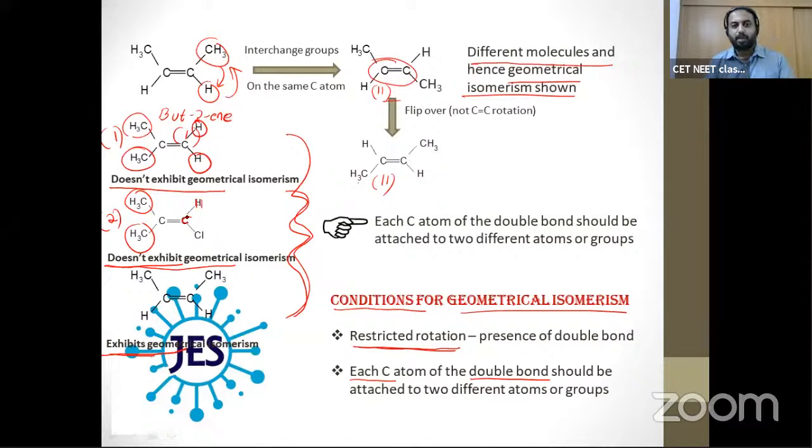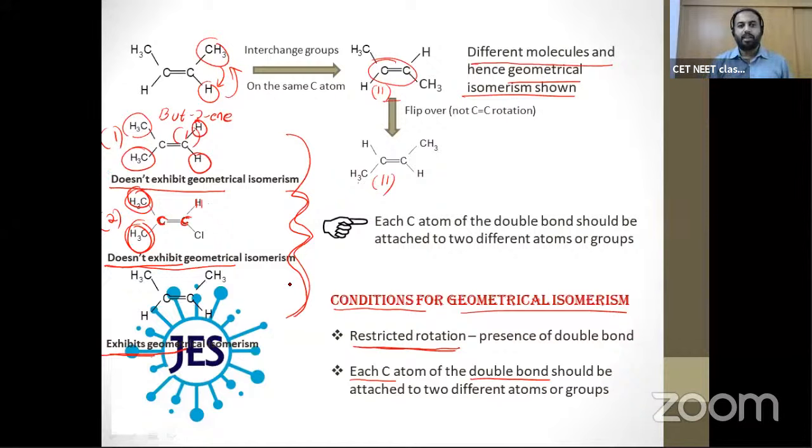First carbon here has different groups. But look at the second carbon atom, I am highlighting it, it has identical groups. What is the condition? Each carbon of the double bond, it is not enough if only one carbon atom has different groups. Each carbon atom of the double bond should have different groups attached. So here the second carbon has again identical groups, no geometrical isomerism.